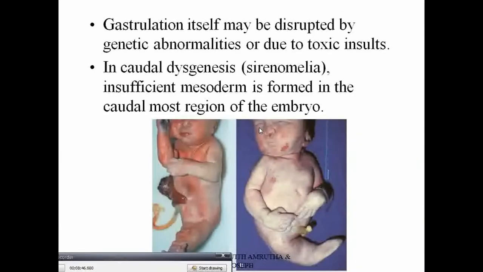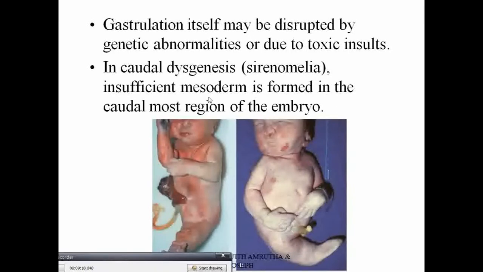Now gastrulation itself may be disrupted by genetic abnormalities or toxic insults. So due to toxic insults or any genetic abnormalities, gastrulation can be interrupted. This is a condition where gastrulation has not occurred properly, and this is called caudal dysgenesis or sirenomelia.